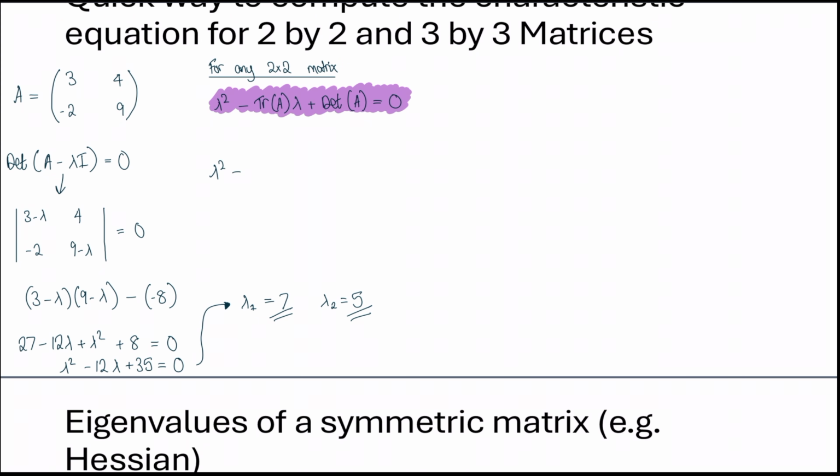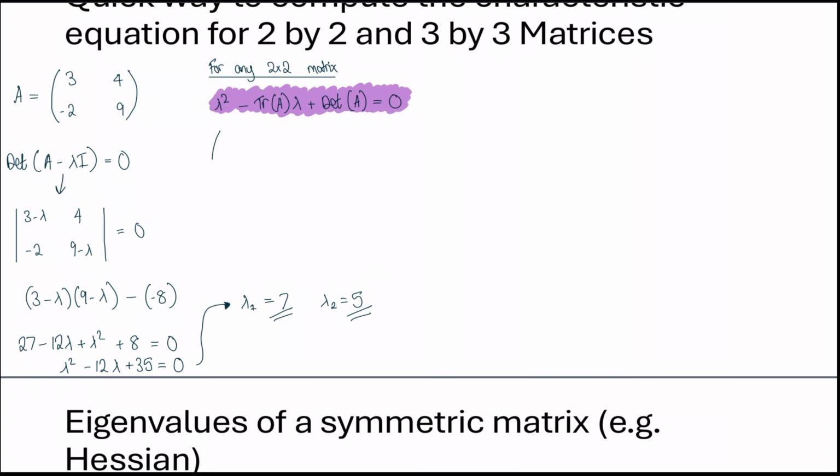So lambda squared minus the trace is just the sum of the two elements in the leading diagonal, so 3 plus 9, which is 12. So minus 12 lambda plus the determinant, which is 3 times 9, which is 27, minus 4 times minus 2, which is minus 8. So we get lambda squared minus 12 lambda plus 35, which is the same thing over here. So that's just a quick way to get to this step without having to do all of this working out.